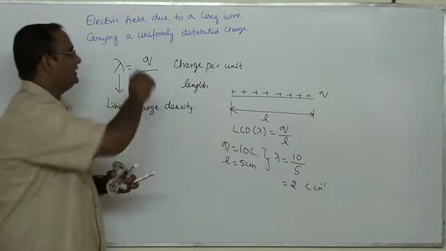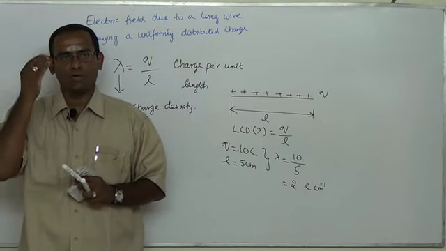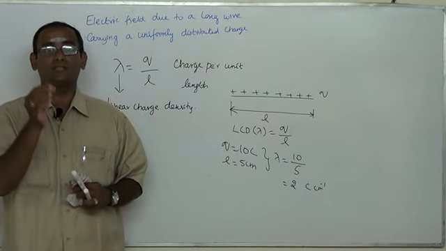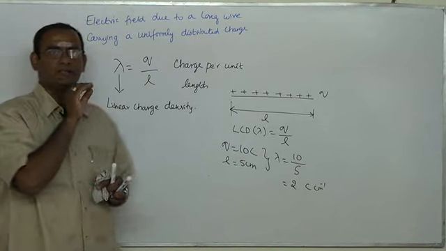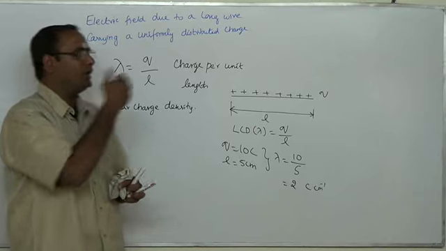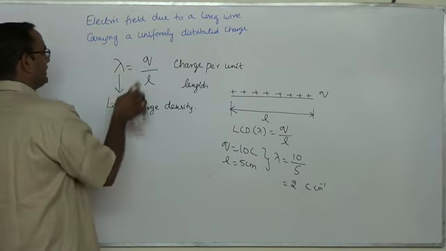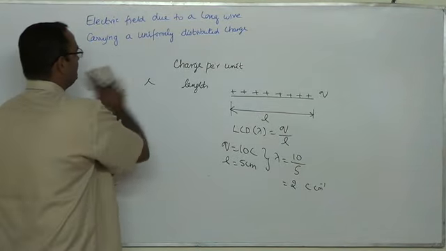So, to understand this derivation, one should know the idea of charge per unit length, also called linear charge density. Now, we will go to the derivation part of the corresponding electric field.